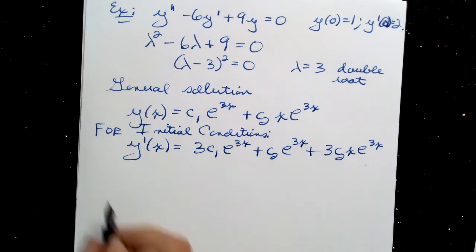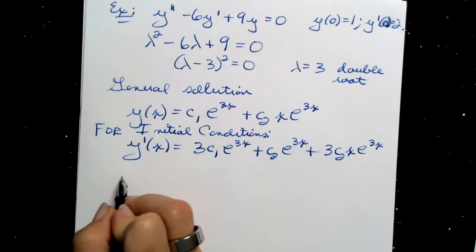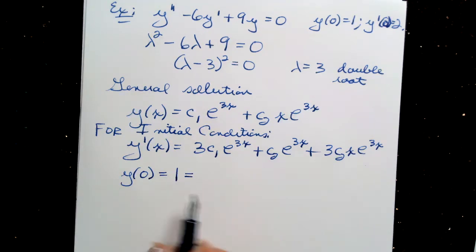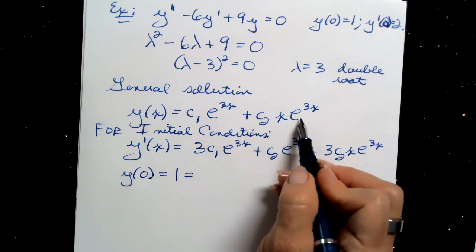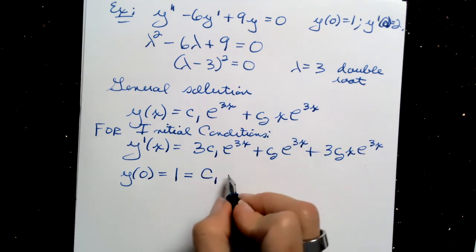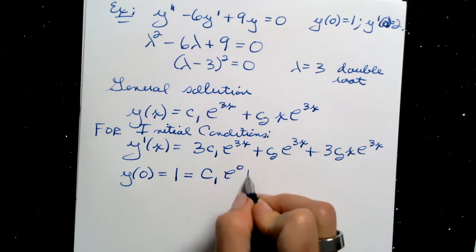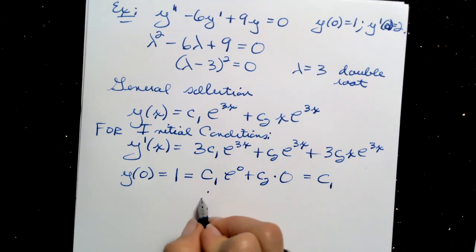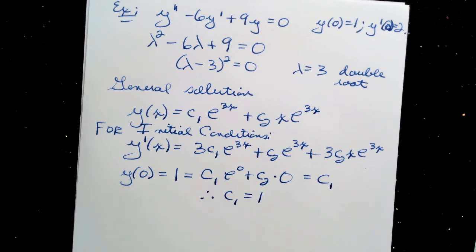Okay, and so now I use the initial conditions that y at 0 equals 1. On the other hand, y of 0, plugging in x equals 0, is equal to c1, because I get c1 e to the 0 plus c2 times 0. So that's just c1. So c1 is 1. Okay, and now y prime at 0 is equal to 2.